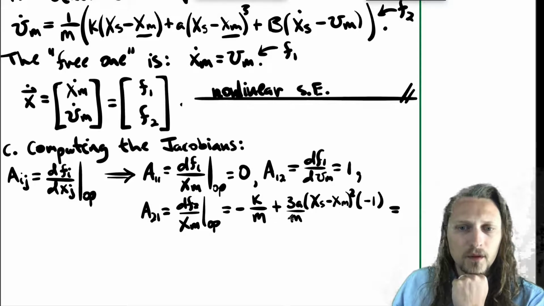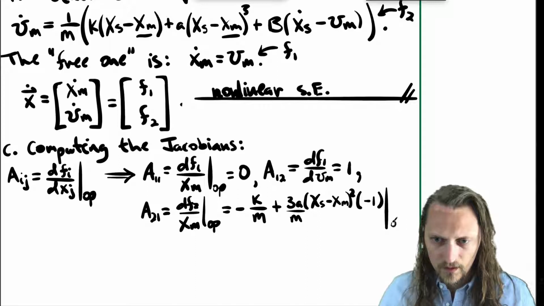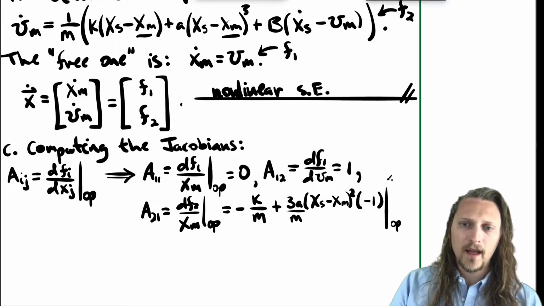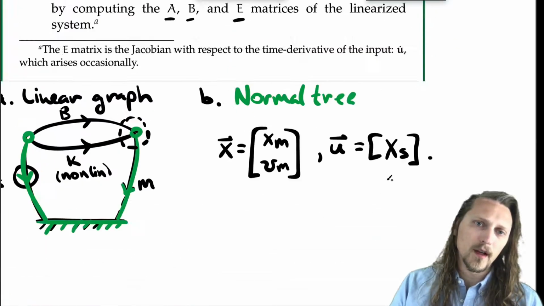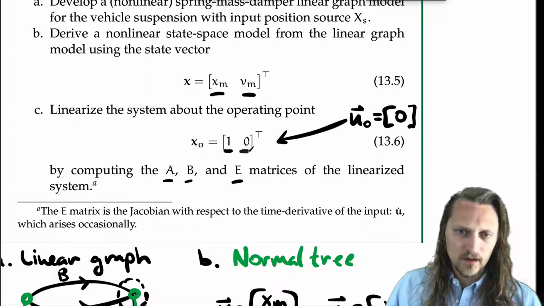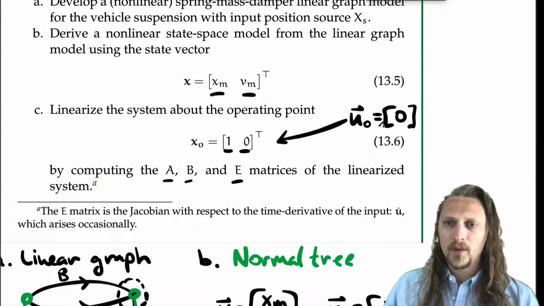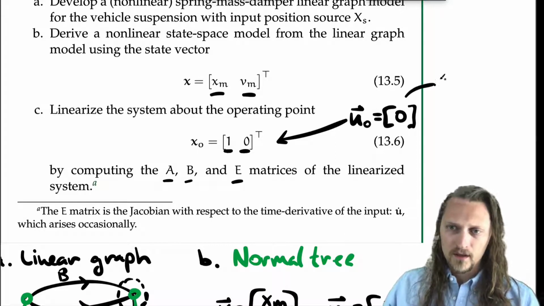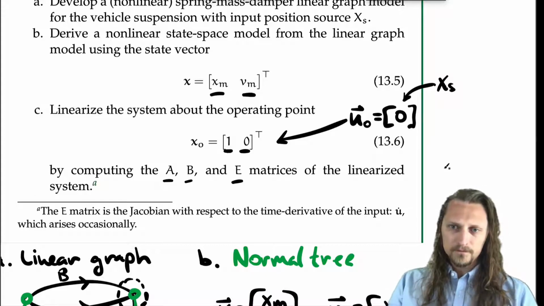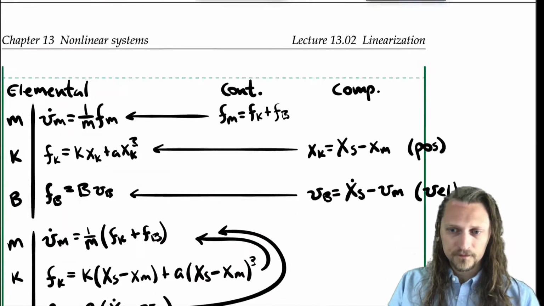we've got to evaluate this at the operating point, right? Now the operating point says that xm, our first state variable, is 1, vm, our second state variable, is 0, and the input, which is xs, is 0 at our operating point. So we can plug in 0 for xs and 1 for xm.